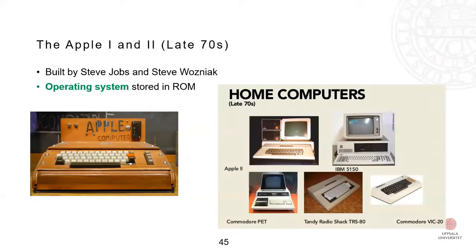Then in this generation, we have the first Apple computers, Apple 1 and 2, which were developed in the late 70s, and they were built by Steve Jobs and Steve Wozniak. Their operating system was stored in their ROM. ROM stands for read-only memory. We had other personal computers as well.